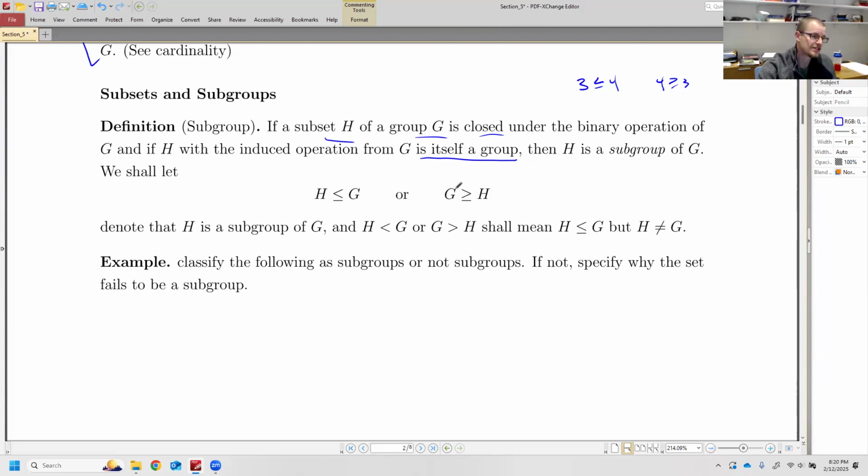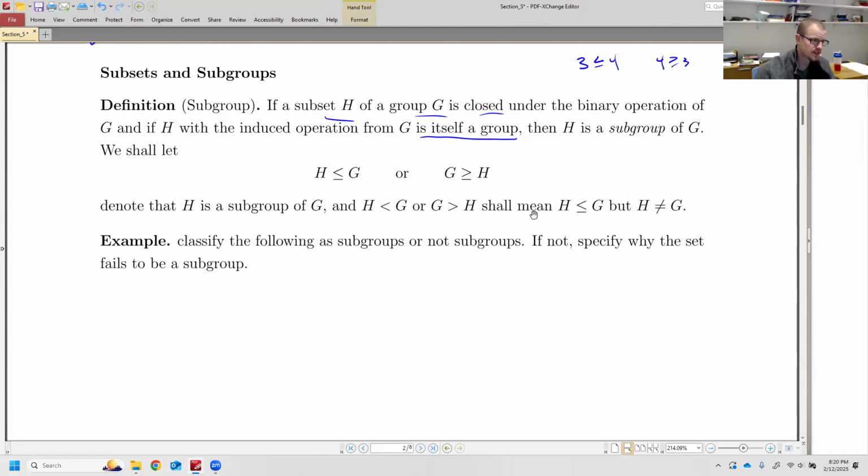So both of these would designate that we have H as a subgroup of G. Excellent. If we have H is a proper subset of G, then we can use that similar notation, remove the line underneath to recognize that it is a proper subset that is also a subgroup. Okay, so proper. So it's not actually equal to G.